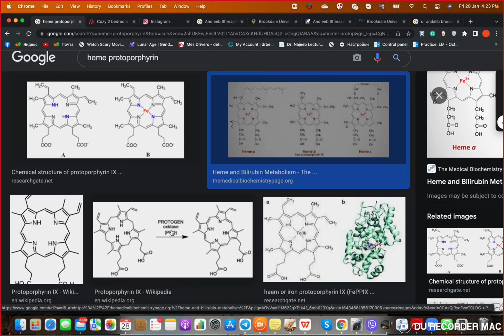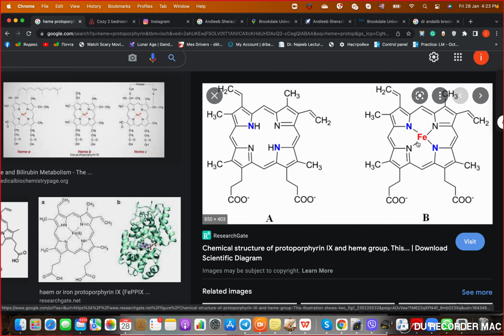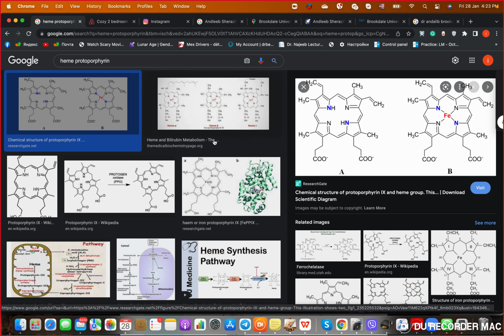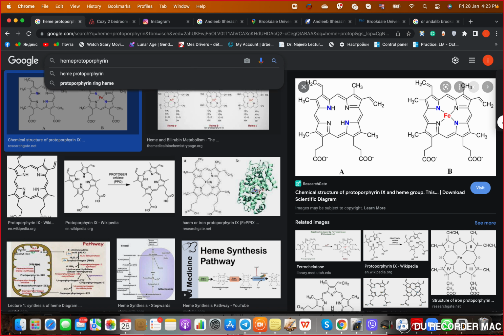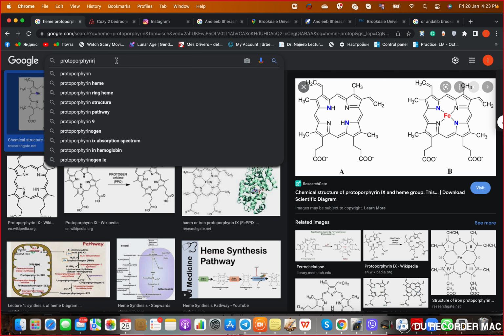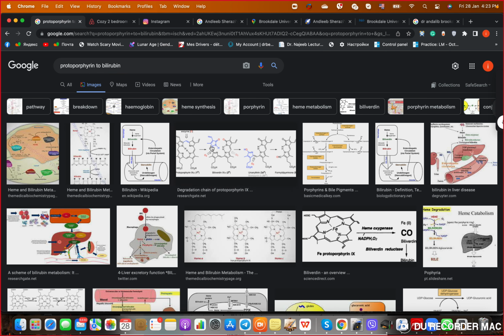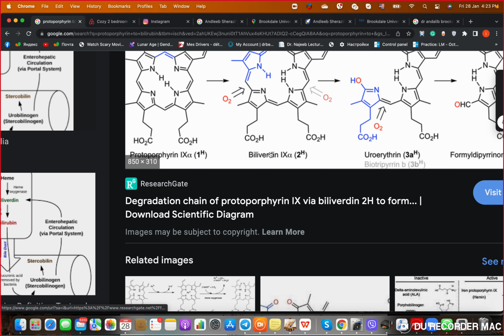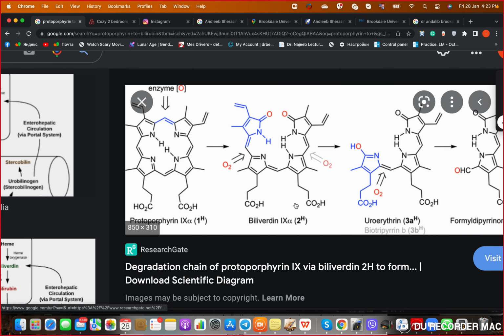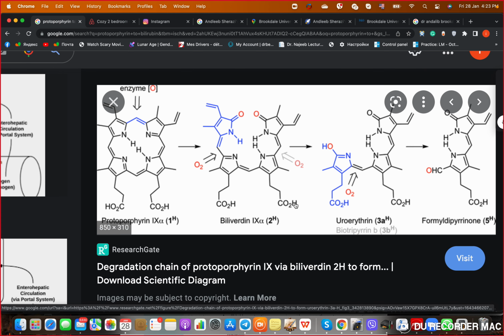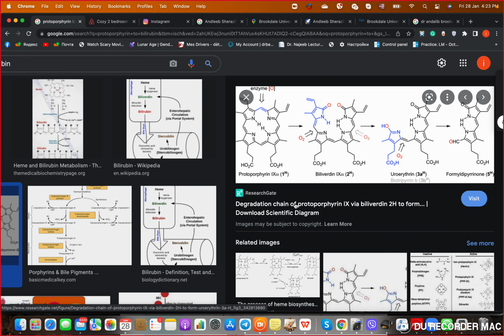So when we remove the iron, we will have protoporphyrin alone. The iron, we can use for some other reaction, but the protoporphyrin can be converted into something else. So protoporphyrin can become biliverdin, which eventually can become bilirubin.